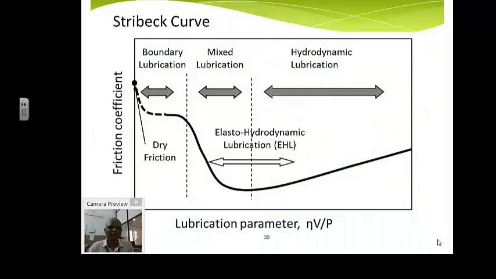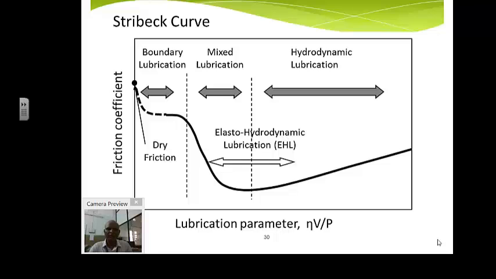The Stribeck curve shows two extreme conditions, the boundary lubrication as well as hydrodynamic lubrication. It shows the variation of the coefficient of friction with respect to the lubrication parameter, eta V by P. So in dry friction, the coefficient of friction is very high, whereas in the case of elasto-hydrodynamic lubrication, the friction coefficient is very low.